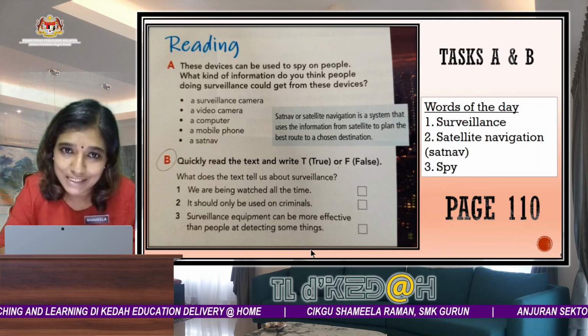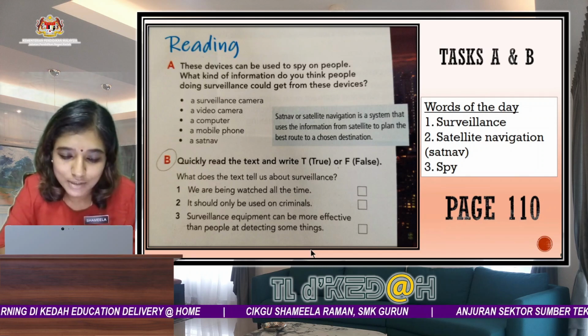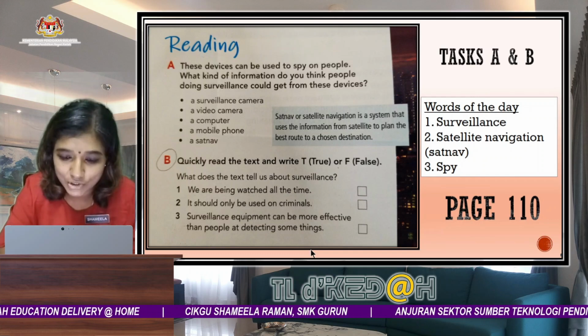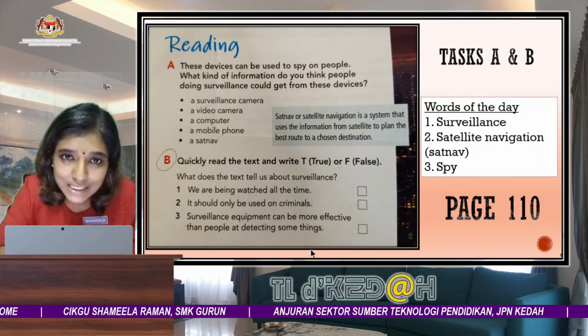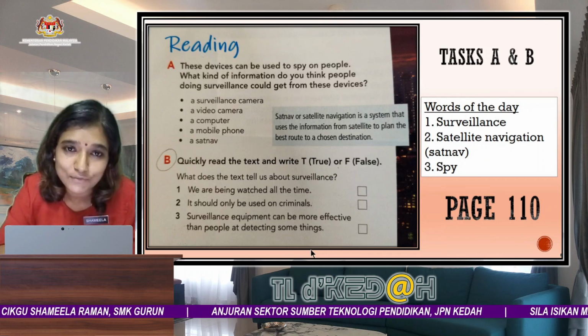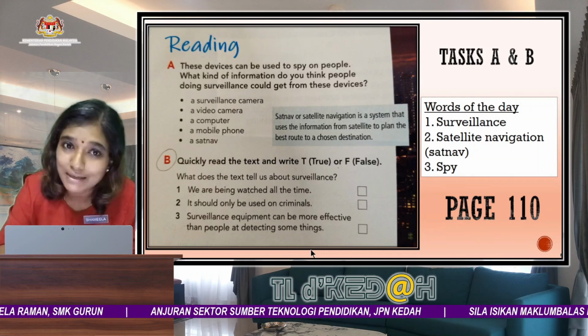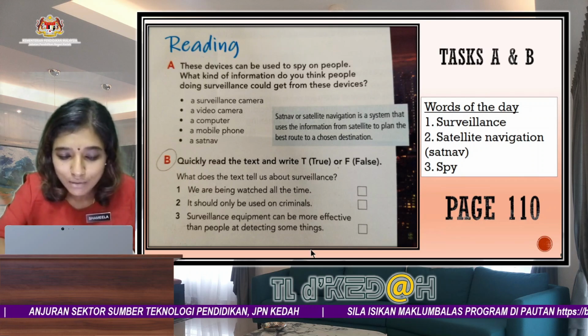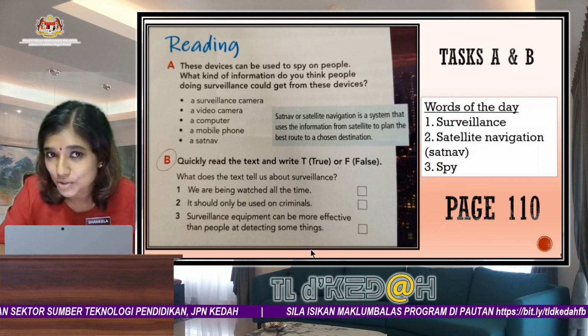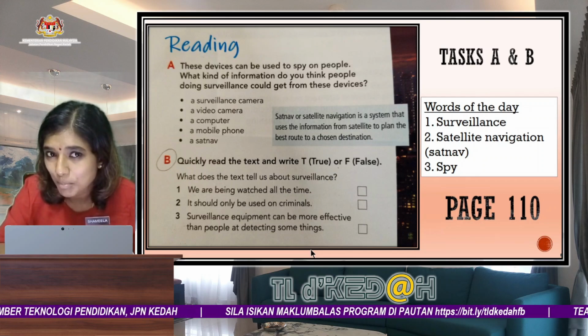And the last one, a sat nav, or the actual name is satellite navigation system, where it gives you the destinations, the locations for a place you want to go. Okay, it can guide you. A GPS system, yeah. So all these give you information if you want to check on somebody, to spy, yeah.